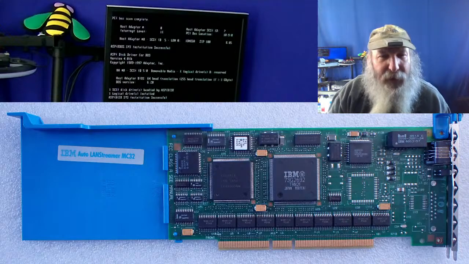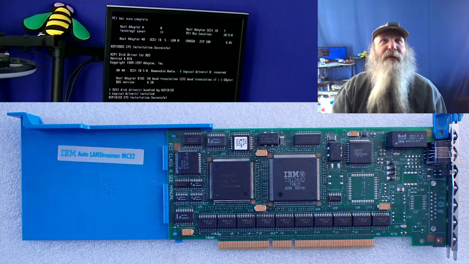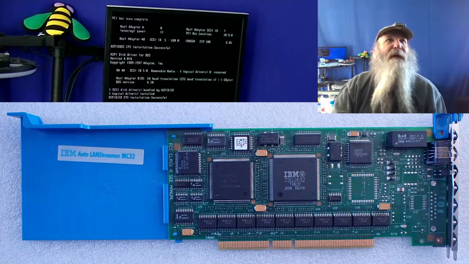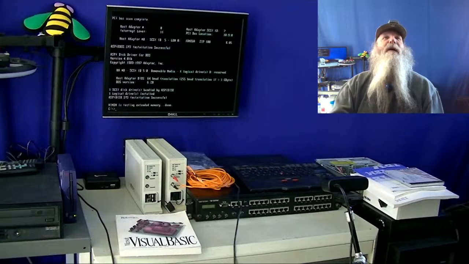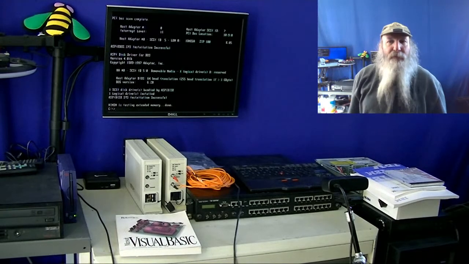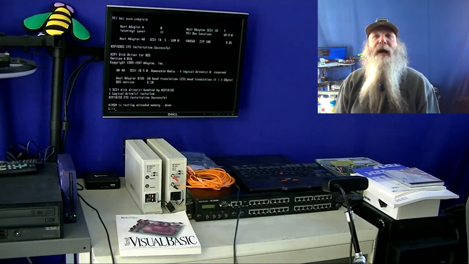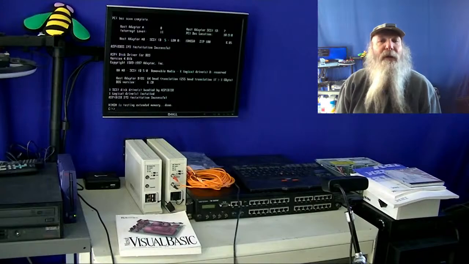But I'm going to start focusing a little bit more on the Token Ring adapters in the future, especially working with these units I've got sitting out here.